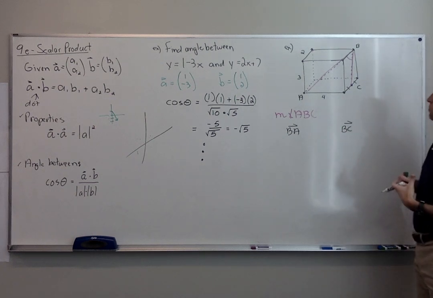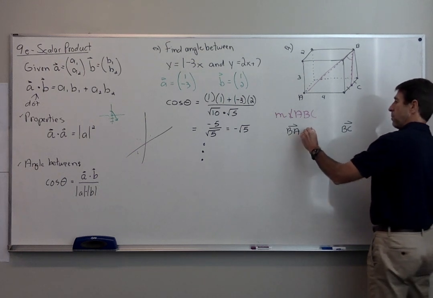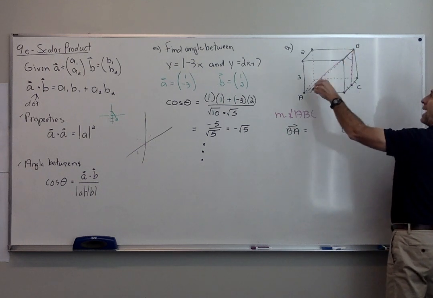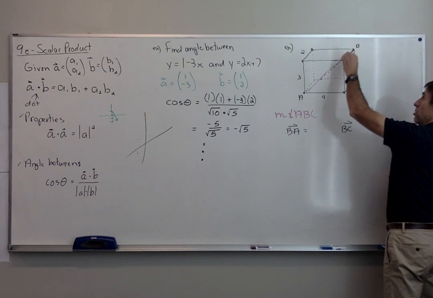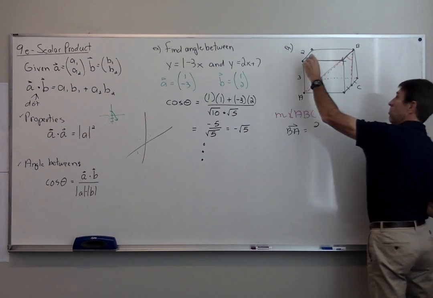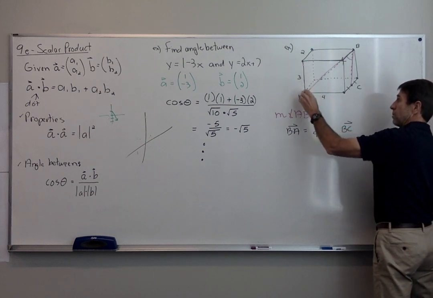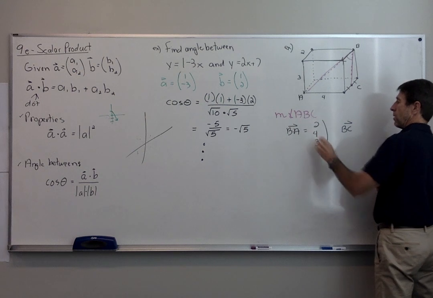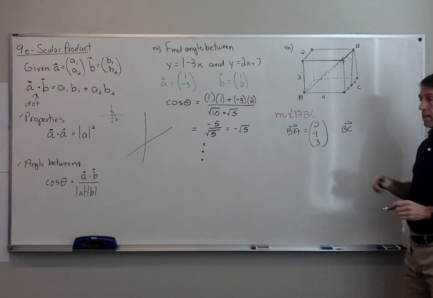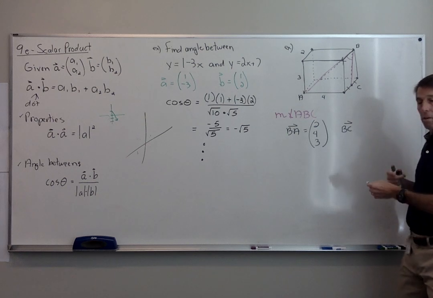I can talk about it in a variety of ways, but I just need to be consistent. For example, I'm going to call BA this direction, which is 2, then over, which is 4, and then down, which is 3. I could have flipped these around, but then I'd have to be consistent over here.